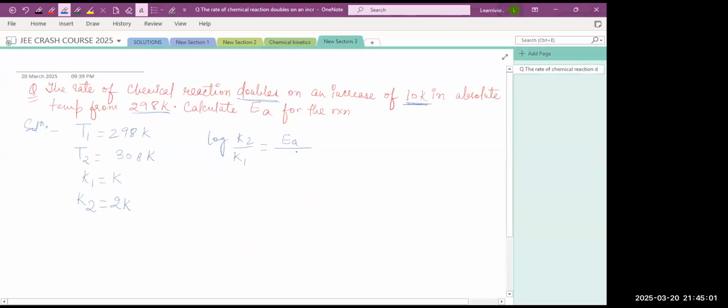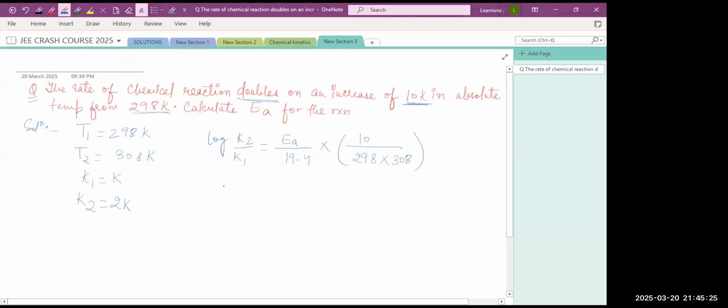So I'm using that formula, which is 19.14 into the difference between these temperatures. T2 minus T1 will give you 10. And T1 into T2 is 298 into 308.